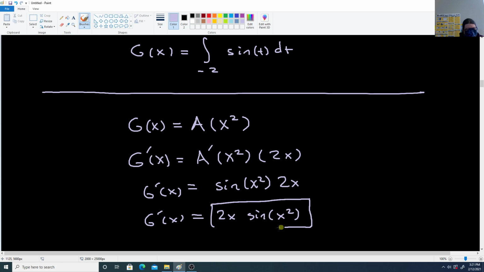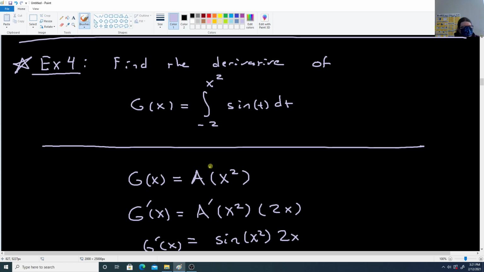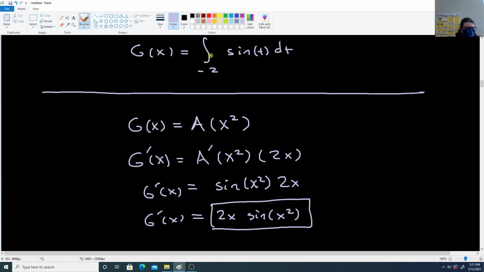So basically you have to note for this, if you have a function that looks like an area function but the upper limit is different, you have to rewrite it in terms of an area function. You use the chain rule: take the derivative of the area function, leave the inner part alone, and multiply by the inner derivative of your function there.